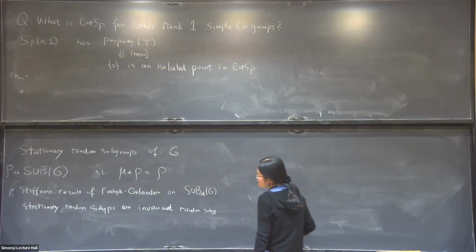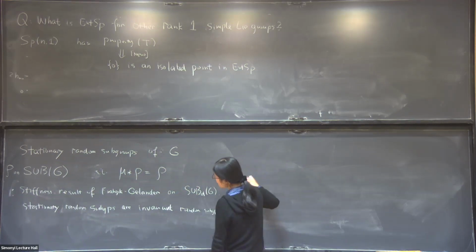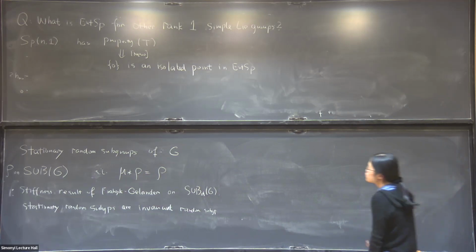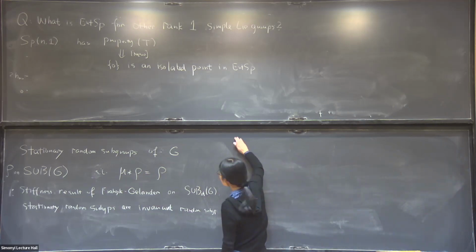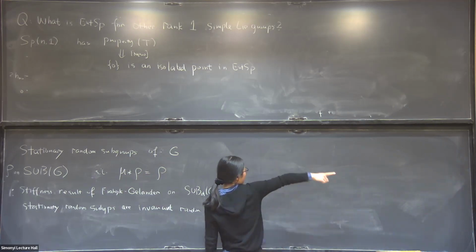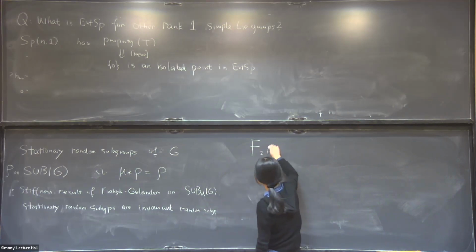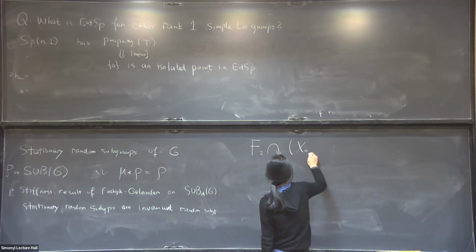And for this, you do have a supply, just by inducing from the free group. So you can do the following. You start with a measure preserving action of F2, say X0.